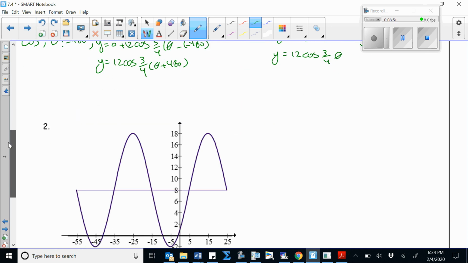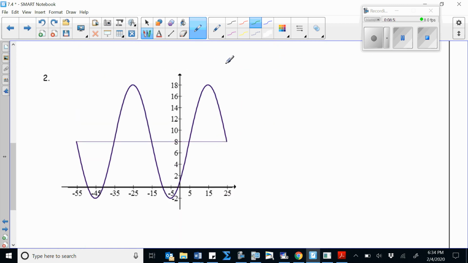Okay, so next problem over here. Again, I'm going to follow the same general form: y equal to C plus A cosine or sine B theta minus D. So I'm going to start with finding the C value.